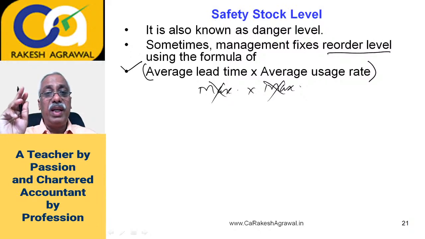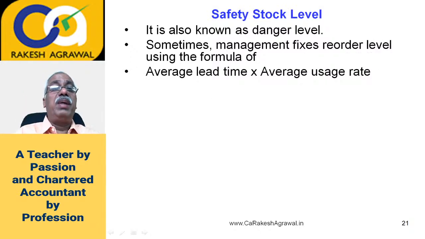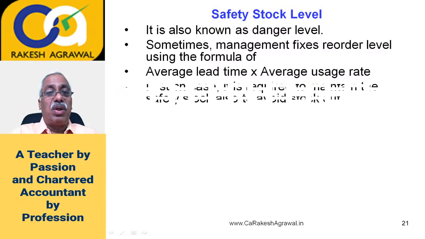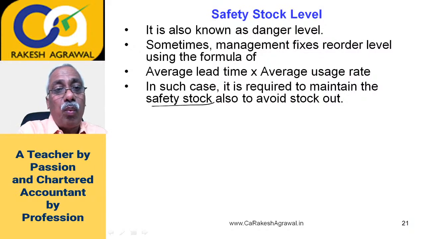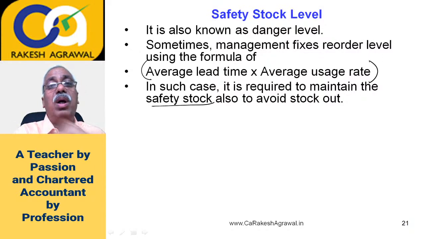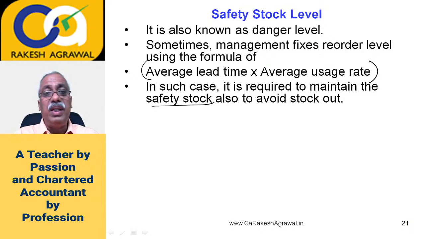It means their stock will get finished and production may stop because they are not using the best reorder level formula. To avoid that stock out, management will set the safety stock level. So you need a safety stock when you use this formula of reorder level. Otherwise you don't need safety stock.